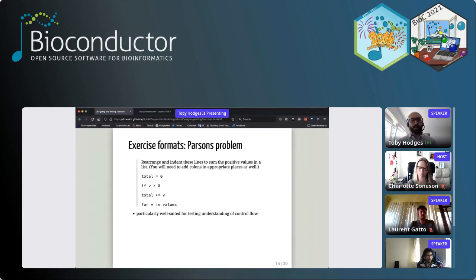And then that asks the learner to reorganize these to get the program working in the way that it's intended to. And as it's written here in the notes, it's particularly well suited for testing understanding of control flow and testing understanding of the kind of structure and perhaps scope of a script or a block of code as well.